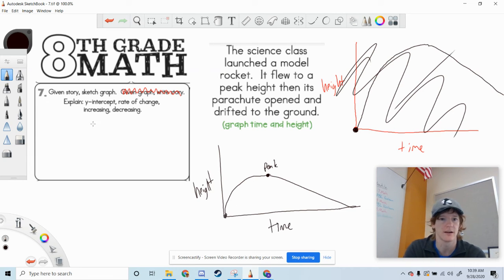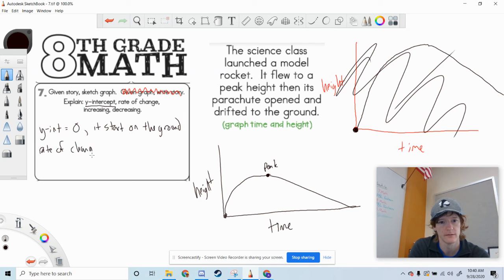So my initial, my y-intercept, that's my initial value. So my y-intercept, that's at 0 because it starts on the ground. The rate of change, it starts going really high really fast, and then it slows down.